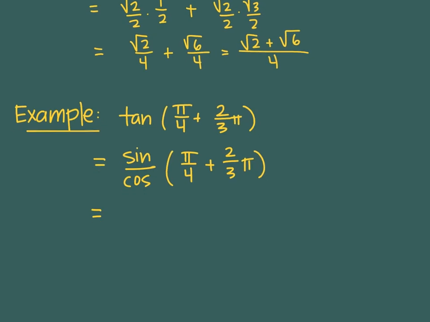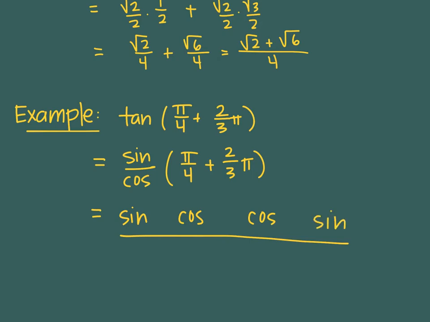So you're going to have to do the formula for sine on the top and the formula for cosine on the bottom. The top goes sine, cosine, cosine, sine. And then the bottom would be cosine, cosine, sine, sine.